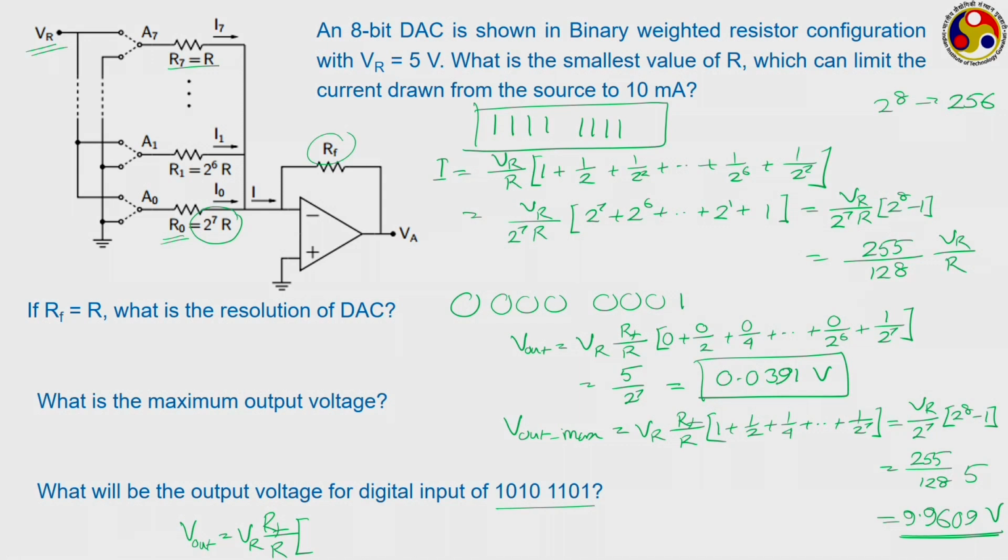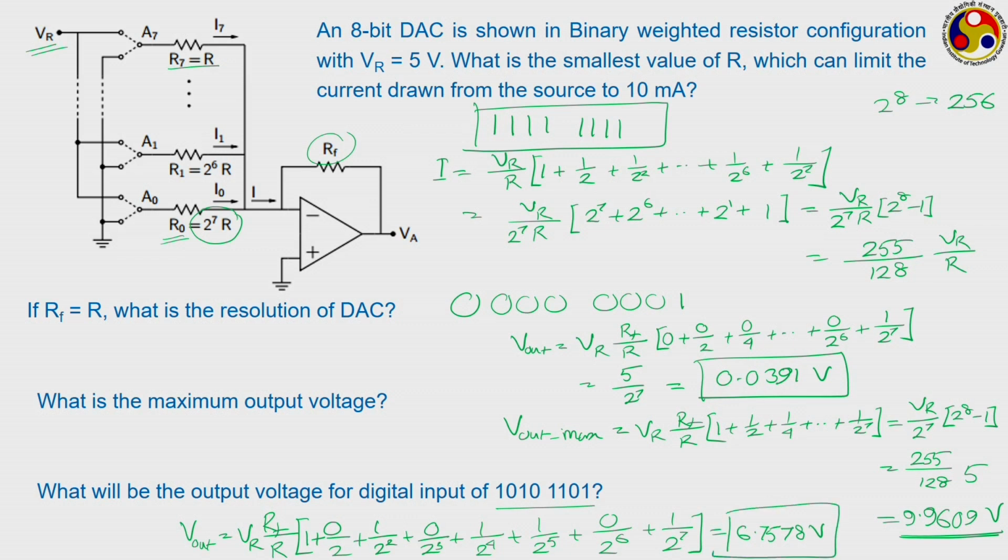So, first bit B for the most significant bit is equal to 1, then it is 0 by 2, then it is 1 by 2 square, then again 0 by 2 cube plus 1 by 2 to the power 4 plus 1 by 2 to the power 5, 0 by 2 to the power 6 plus 1 by 2 to the power 7. And once you put all these numbers, then you are going to get 6.7578 volt as the final answer.